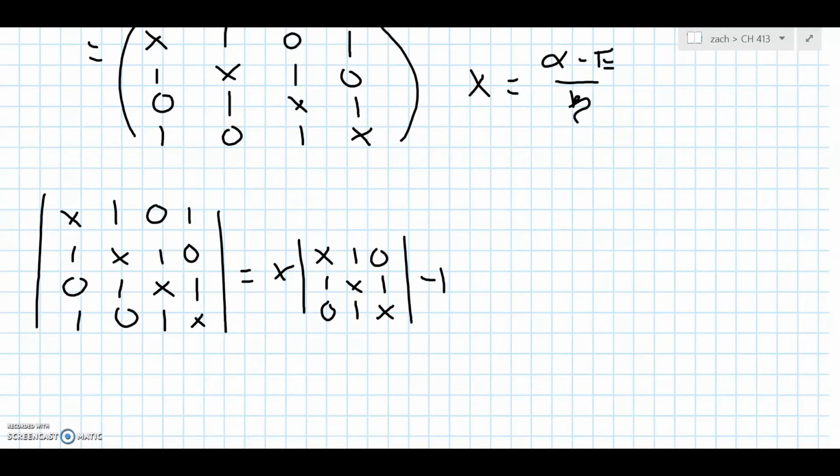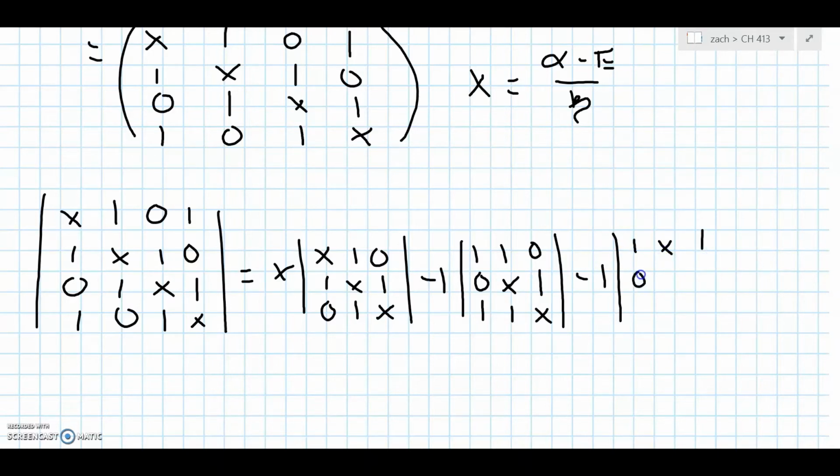And then minus this 1, we cancel out those, so we have 1, 1, 0; 0, x, 1; 1, 1, x. And then the next one is 0, so there's nothing there. And then we have minus 1 times the determinant of 1, x, 1; 0, 1, x; 1, 0, 1. Give yourself a second to catch up if you need to, and again, that's equal to 0 overall.